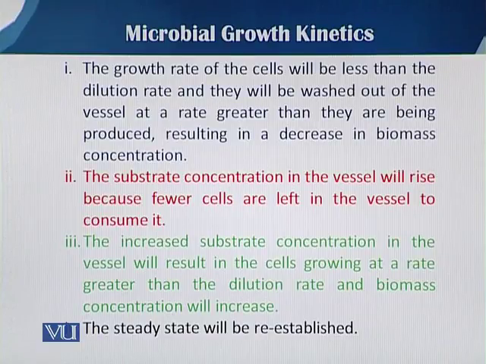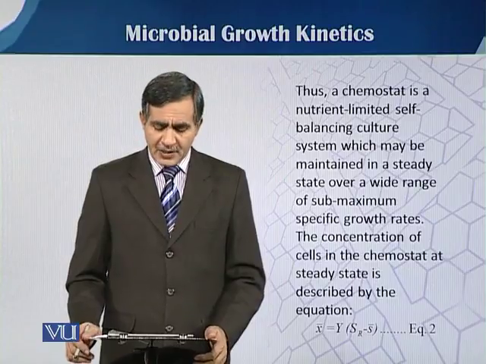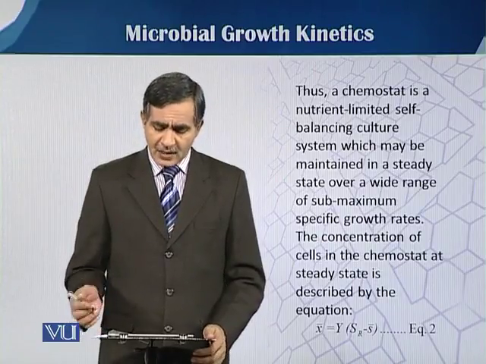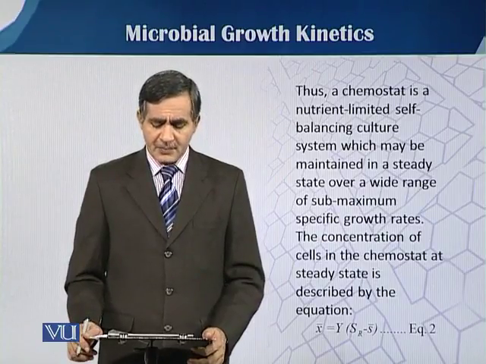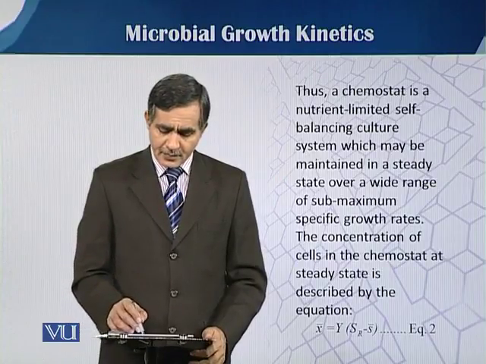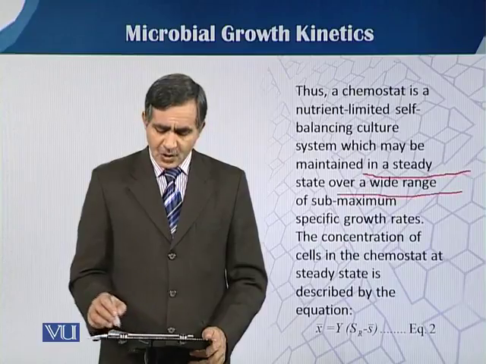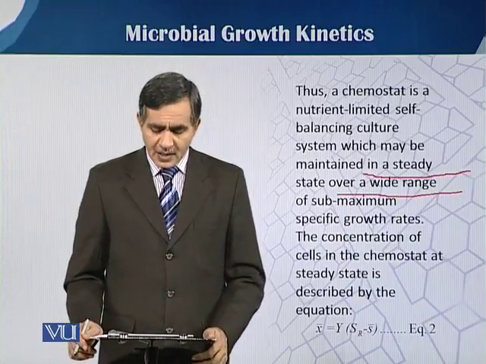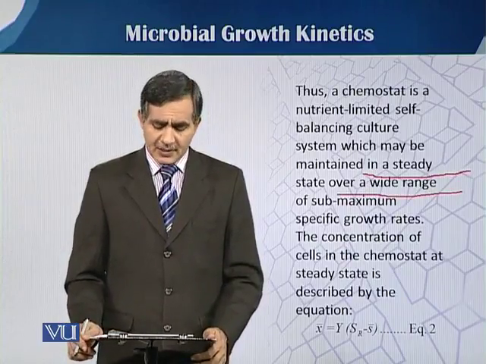Thus the chemostat is a nutrient-limited, self-balancing culture system which may be maintained in a steady state over a wide range of sub-maximum specific growth rates.